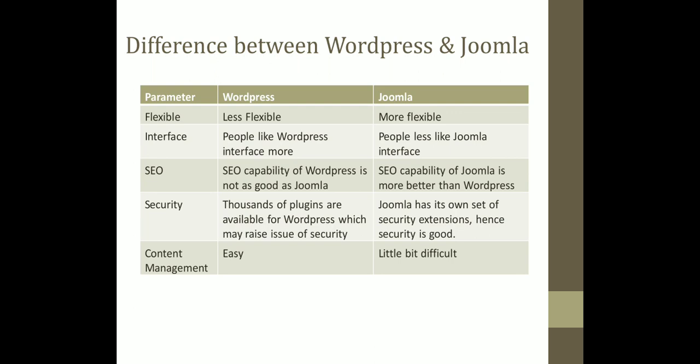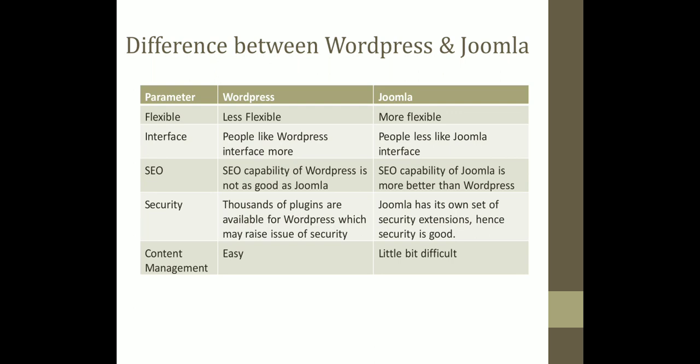And if we are talking about interface, people like the WordPress interface more because it is very easy to use, while Joomla is a little bit less liked by people.